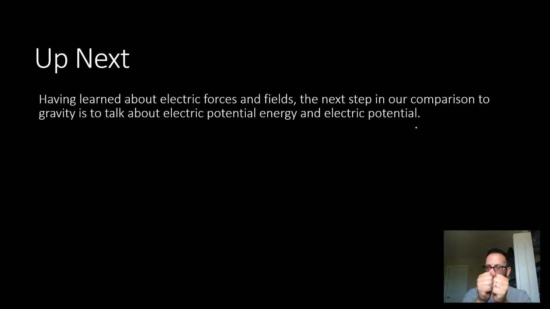So if you're pulling two opposite charges apart, we're storing some energy. But unlike gravity, charges can attract or repel too. So I would have to do work to push two charges together. Instead of having two different formulas, we're going to talk about how that works and how we can calculate electric potential energy. So it should be interesting.